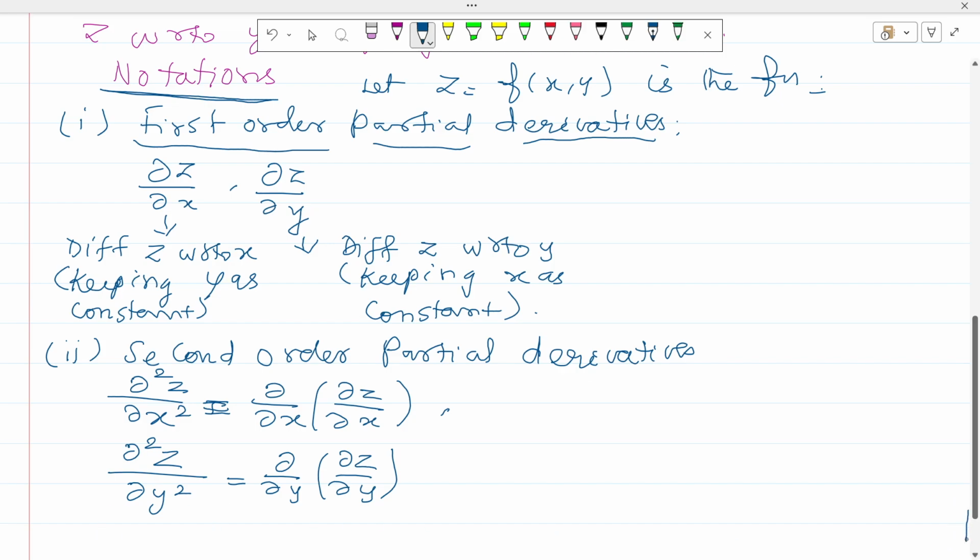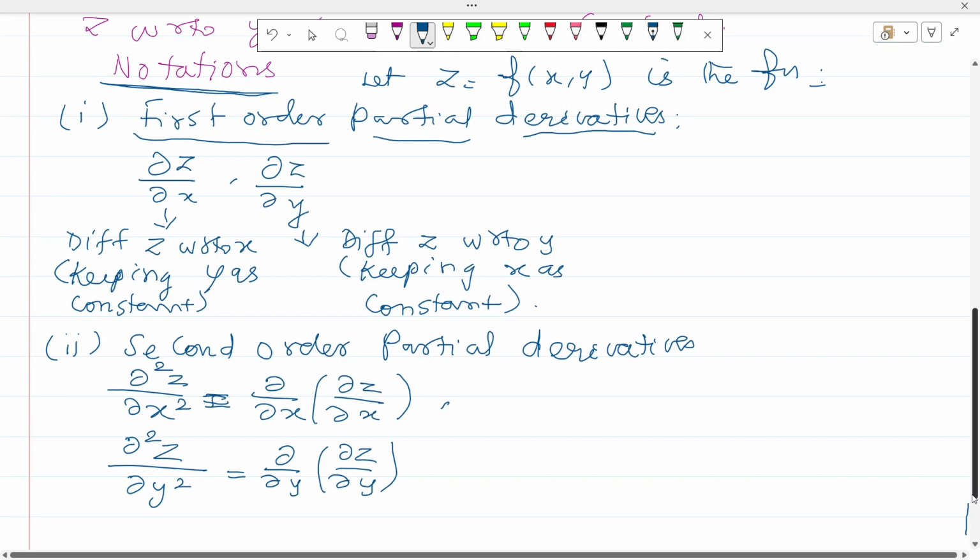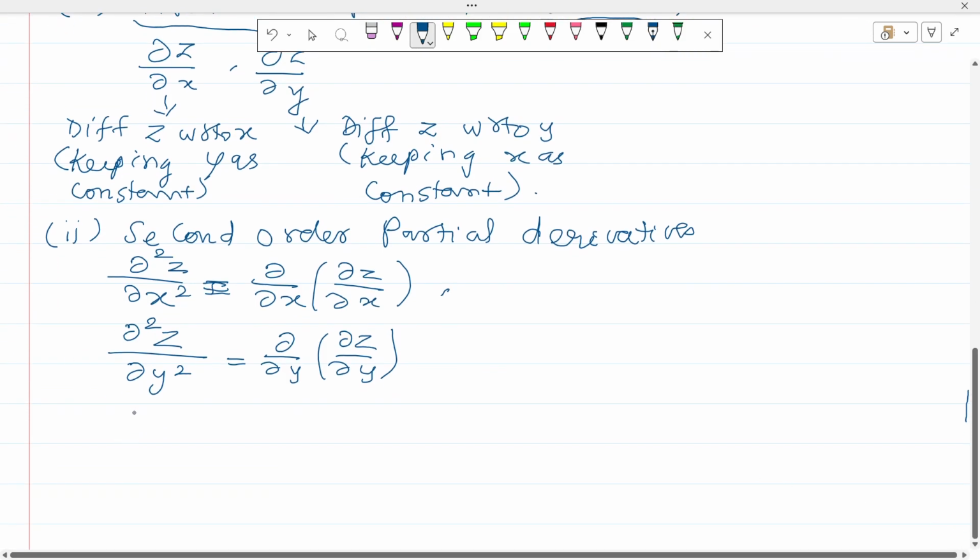The last one is dou square z by dou x dou y.